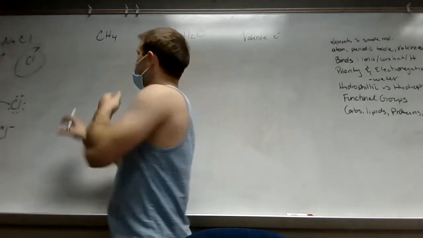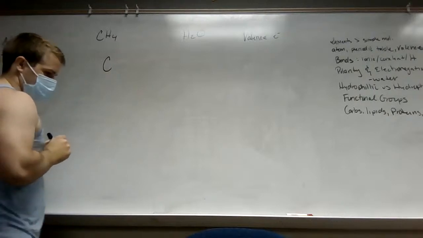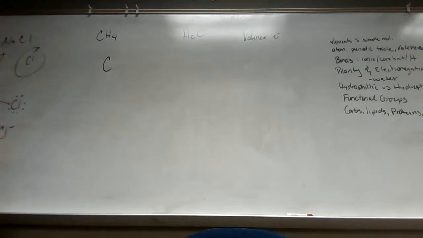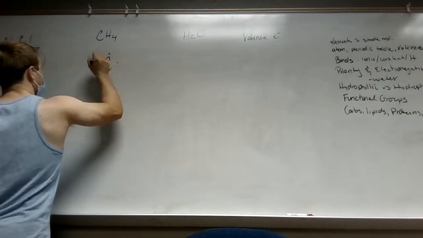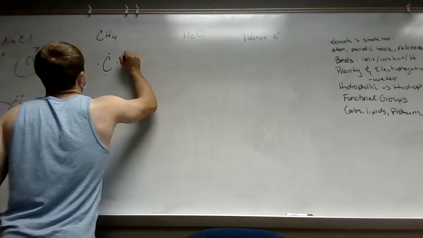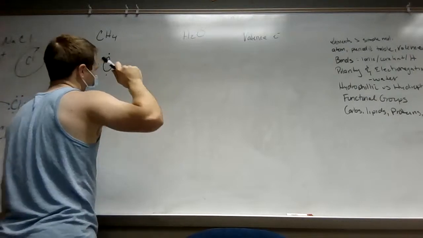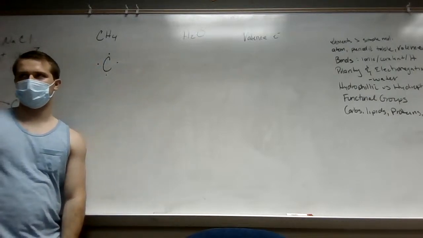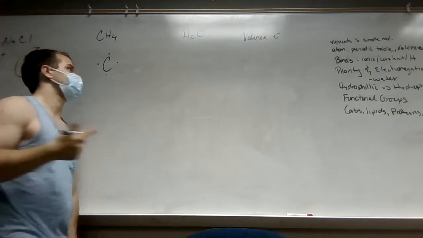Okay. Methane, we have carbon. How many valence electrons does carbon have? 4. And how about hydrogen? How many valence electrons does hydrogen have? 1. How many electrons does carbon want to have in its outermost shell? 8. How many electrons does hydrogen want to have? 2.